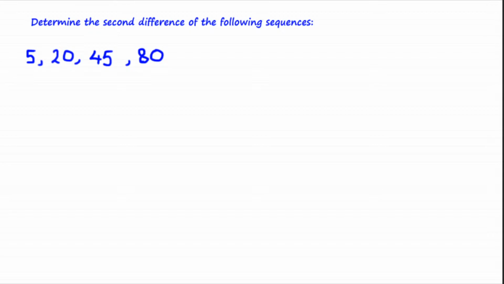Let's see if you can find the second difference of this sequence. Who's got it? Who's first in? There's a bit of a lag, so it takes me longer than normal to feed in.